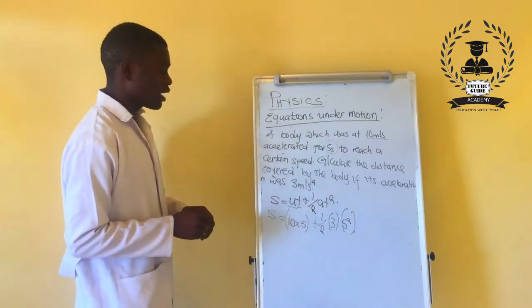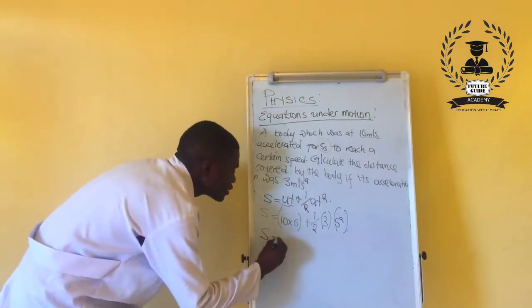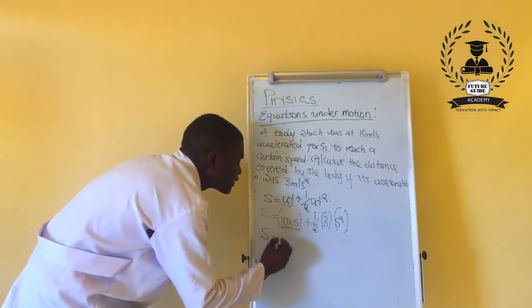Now, this is what we have. s is equal to, what is 10 times 5?